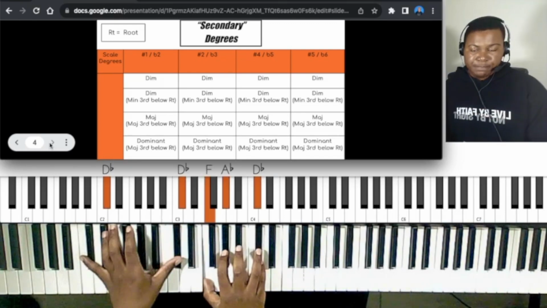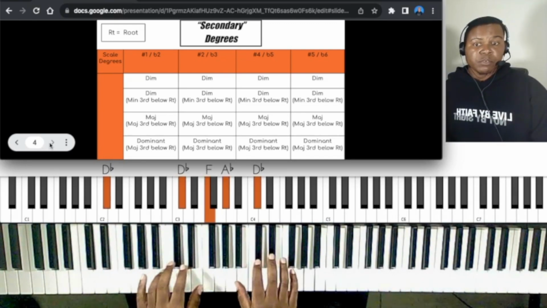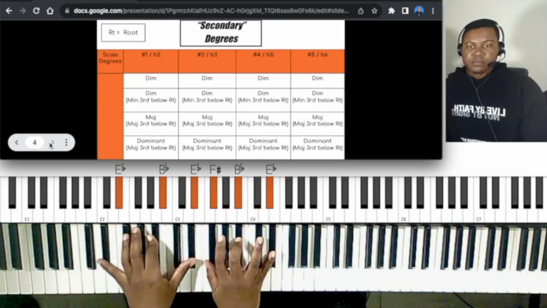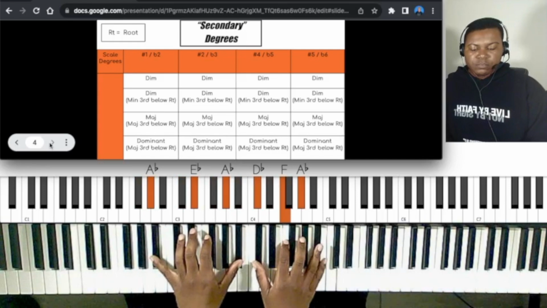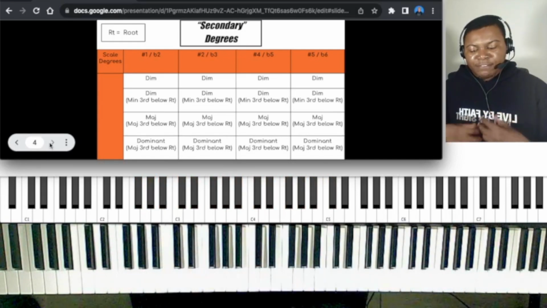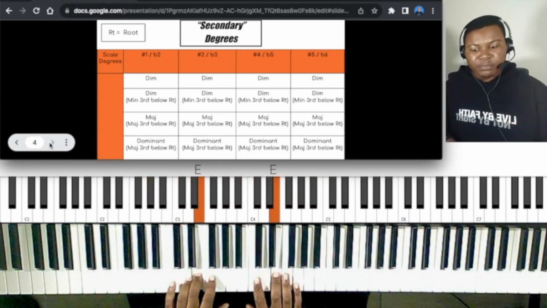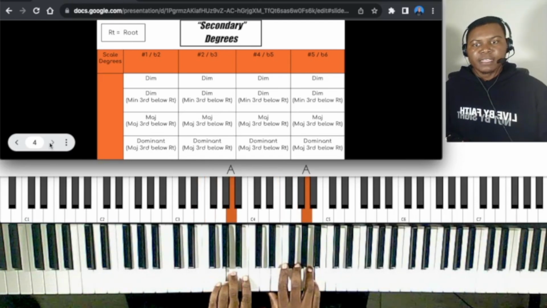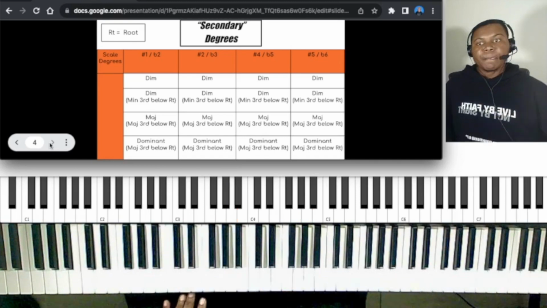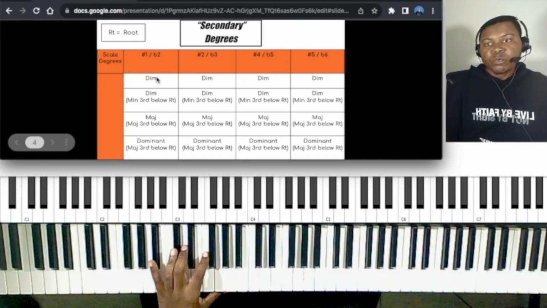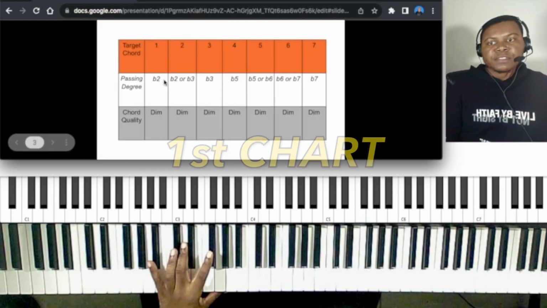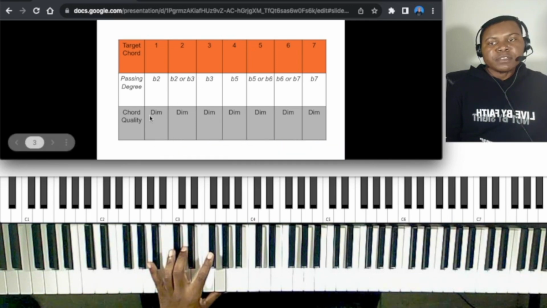We're in the key of D flat. Our primary degrees are on the 1, 2, 3, 4, 5, 6, 7, back to 1. I've identified the flat 2, the flat 3, the flat 5, the flat 6 as secondary degrees. And the first row that you see on the chart is really what we did last video, which is saying, hey, this is the place where you need to put this quality.